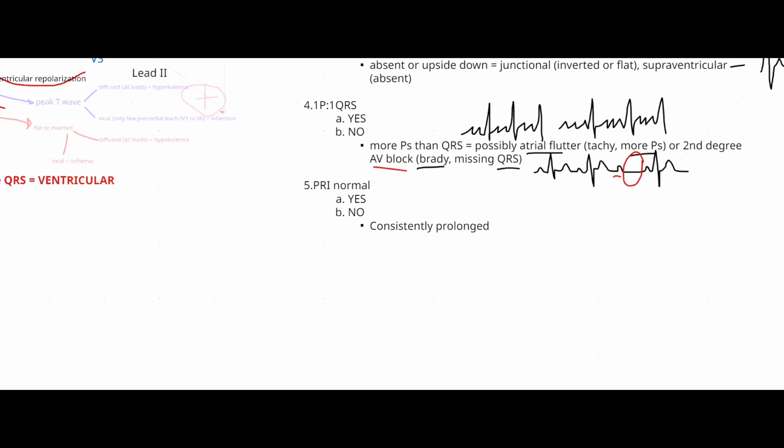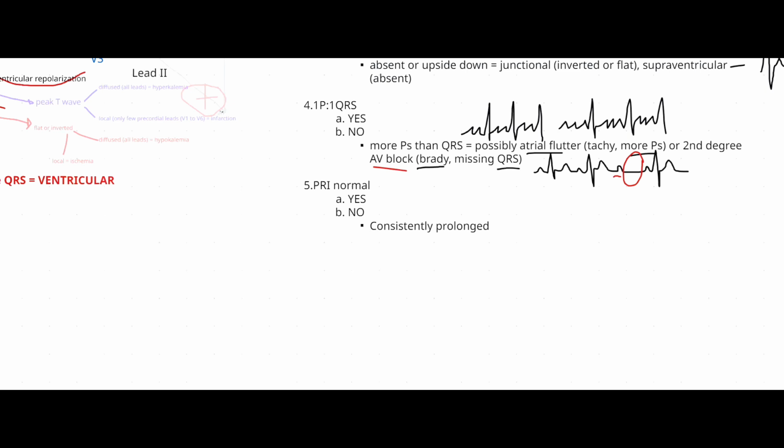Now, if it is progressively prolonged, meaning I call this, it's long, and then it gets longer, then it gets longest, and then you have a drop, a dropped QRS.